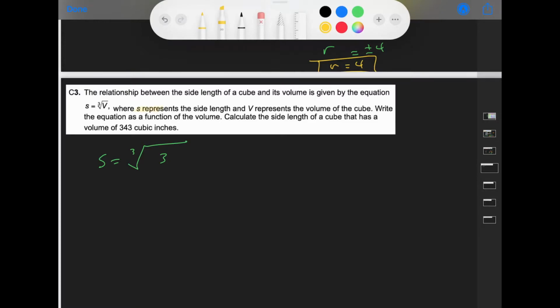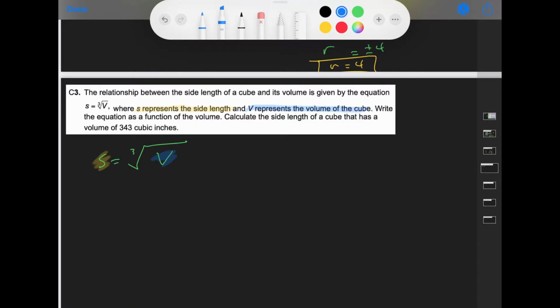Using my highlighter. S represents the side length. So this S is the side length. That doesn't look like a V. And the V represents the volume of the cube.